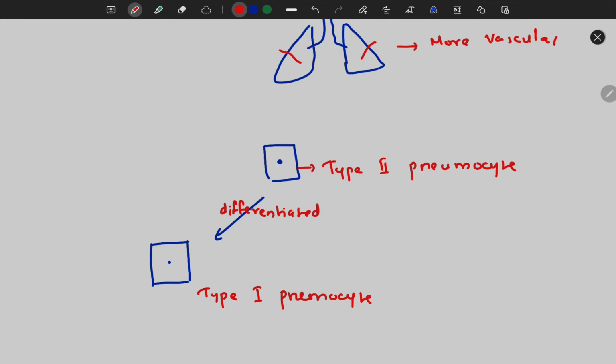It is this type 2 pneumocyte that produces the surfactant. This surfactant is a phospholipid rich fluid which reduces the surface tension of alveoli.